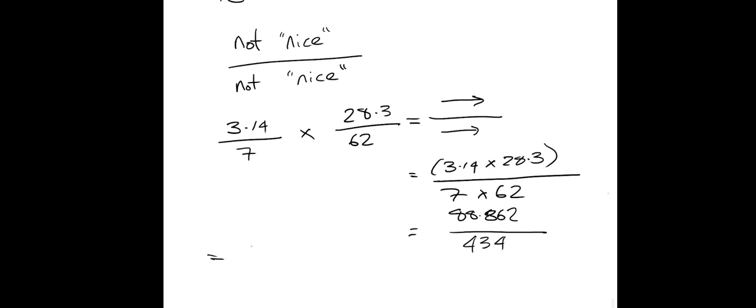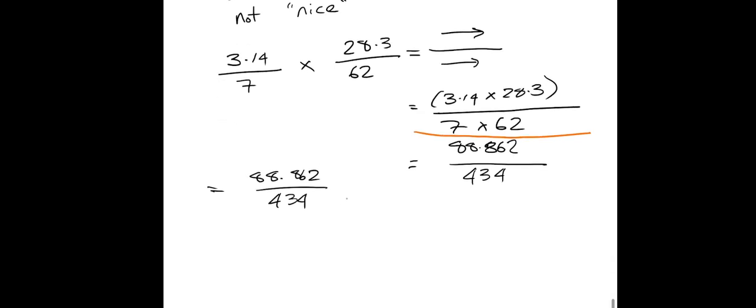So our answer is 88.862 over 434. Okay, it's no problem at all if we have a decimal fraction inside our proper fraction. That's fine.